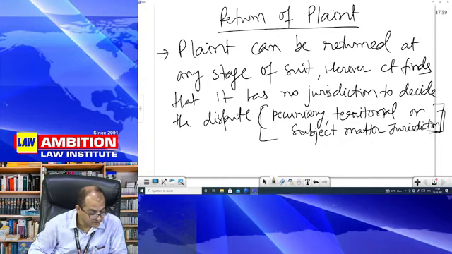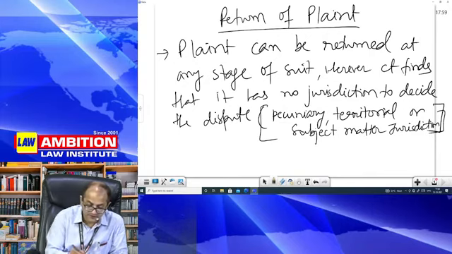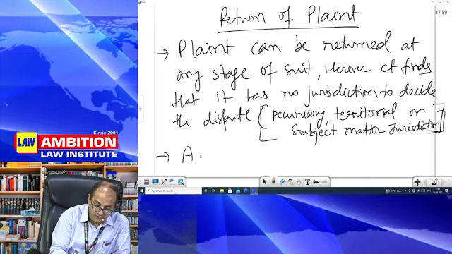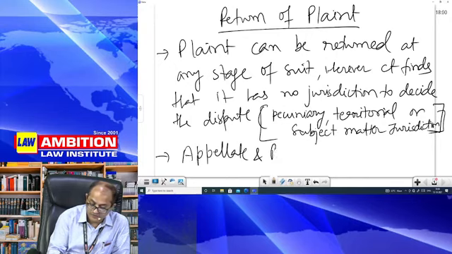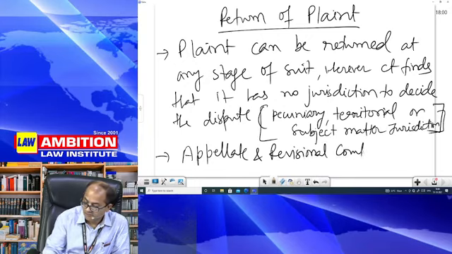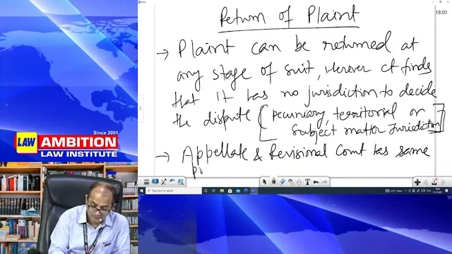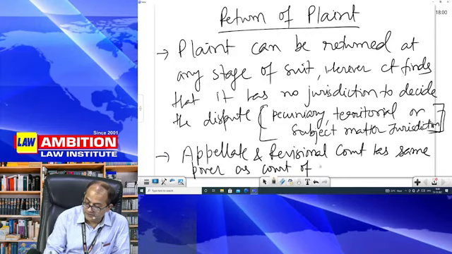Further, this has been prescribed in the explanation that the appellate and revisional court has the same power. Not only the trial court, the appellate and revisional court has the same power as the court of first instance.